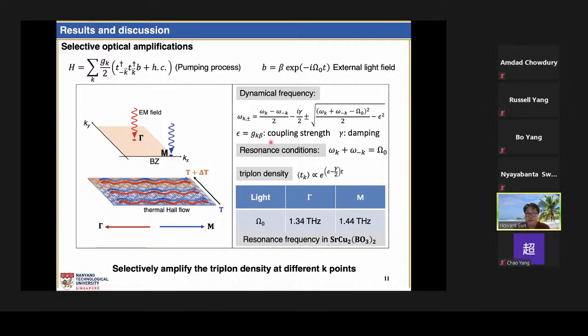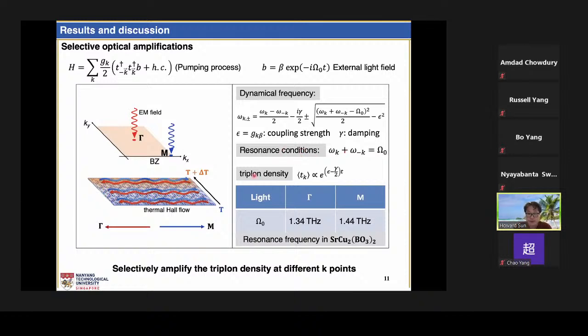Once we have this simple resonance condition matched, meaning that the energy of the two triplons matches the energy of the external light, we can have resonance, and then we can have exponential growth of the triplon density.